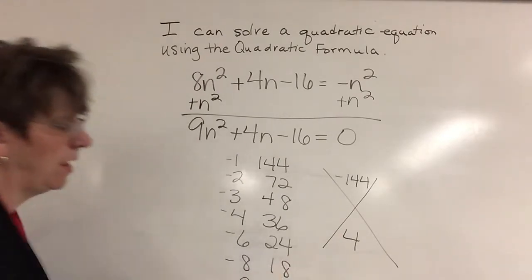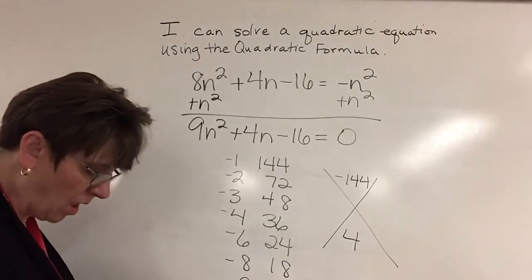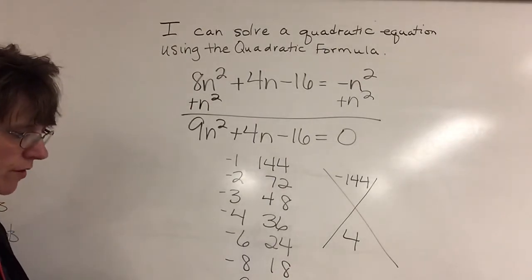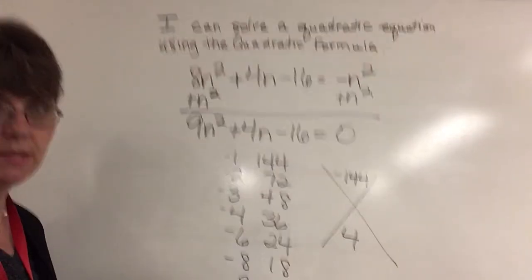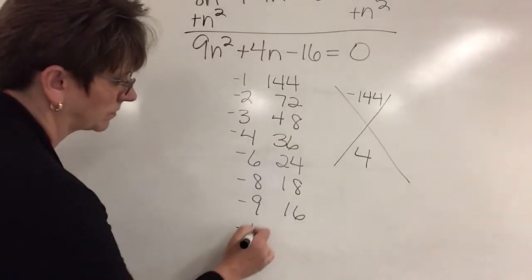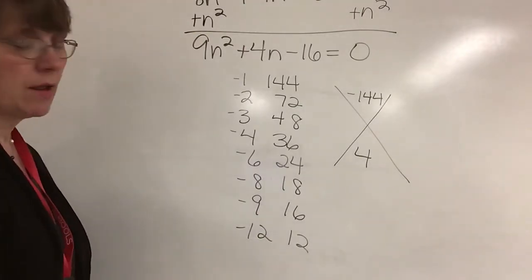It should be 18. Excuse me. Negative 9, negative 10 is not going to go into 144. I checked 11, 11 does not. And then when we get to 12, negative 12 times 12, they are not 4 apart.